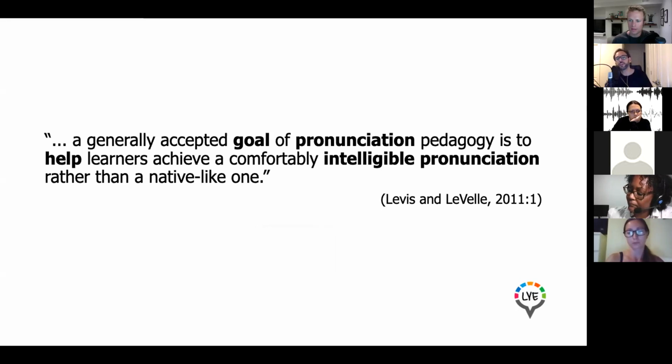For example, even a quote like this: a generally accepted goal of pronunciation pedagogy is to help learners achieve a comfortably, you can chunk this in so many different ways. My question to my class would be, what is your most important idea in that section? Those would be the words that you're going to stress or emphasize, right? Because it could be accepted, for example, instead of goal.